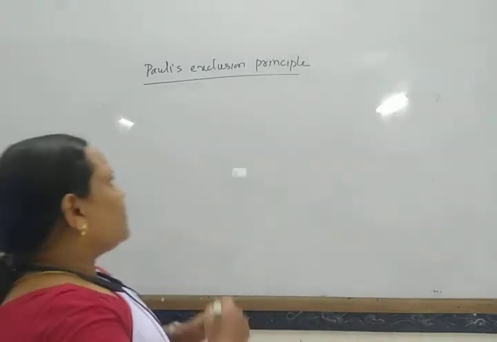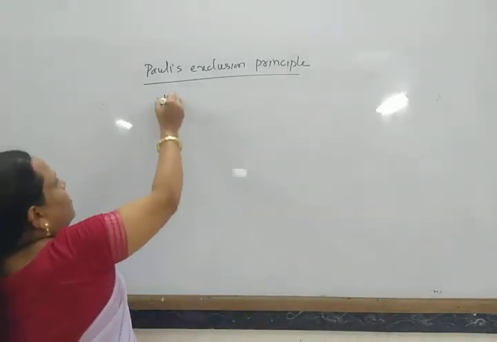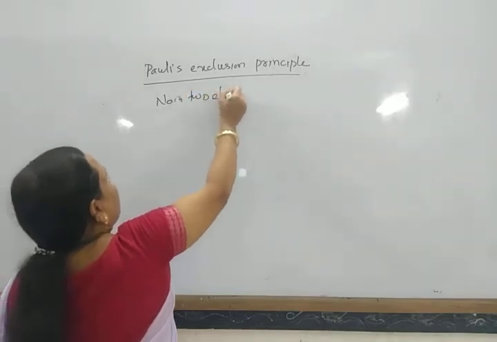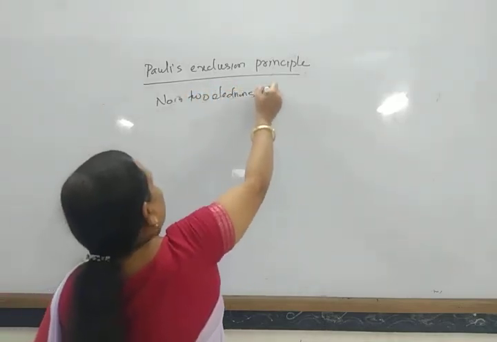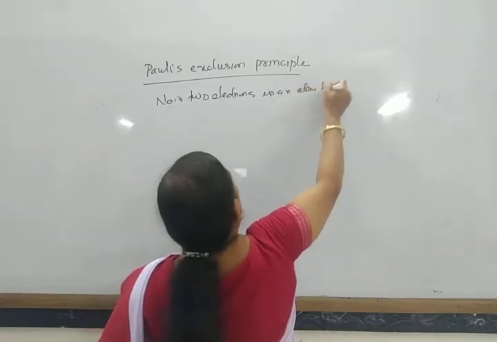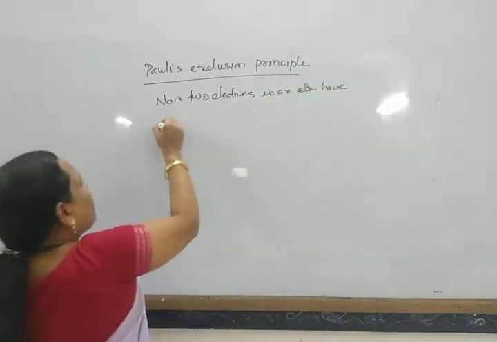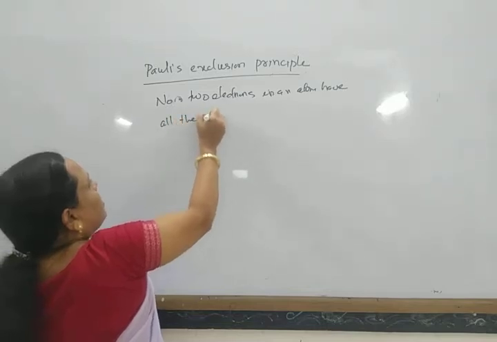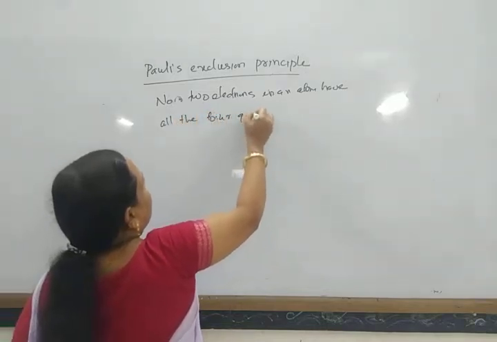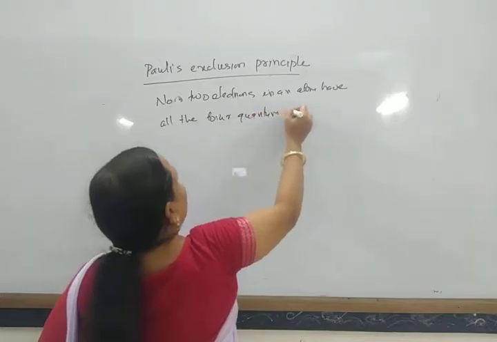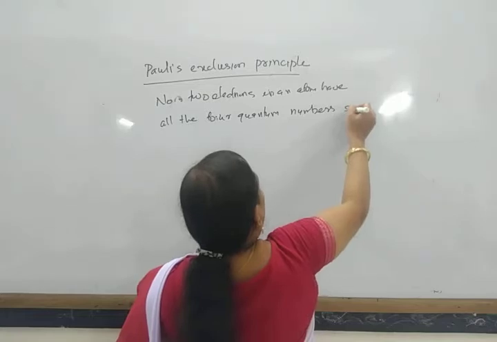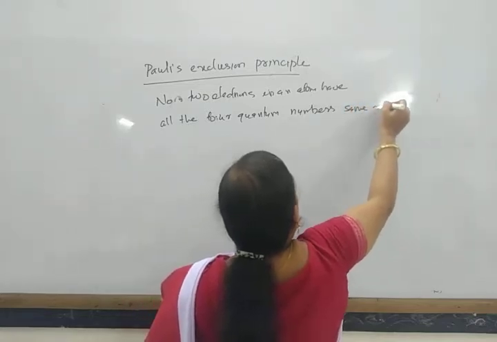So according to this principle, no 2 electrons in an atom have all the 4 quantum numbers same or alike.